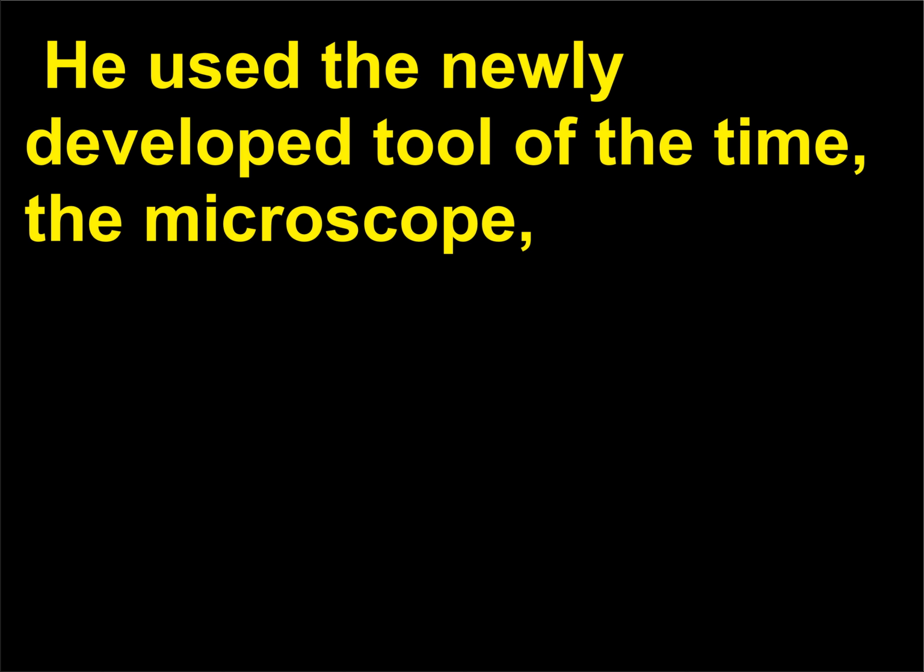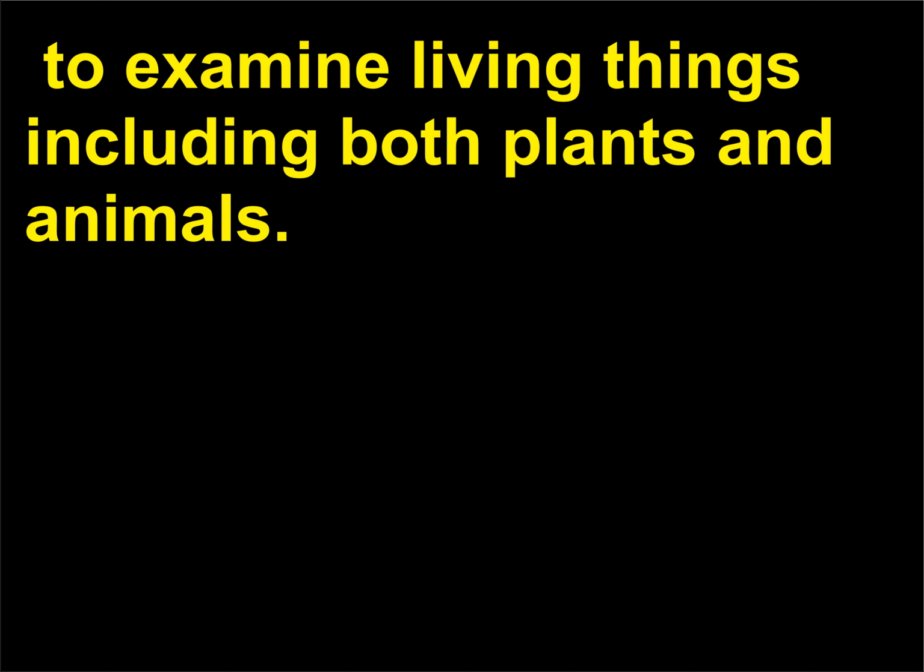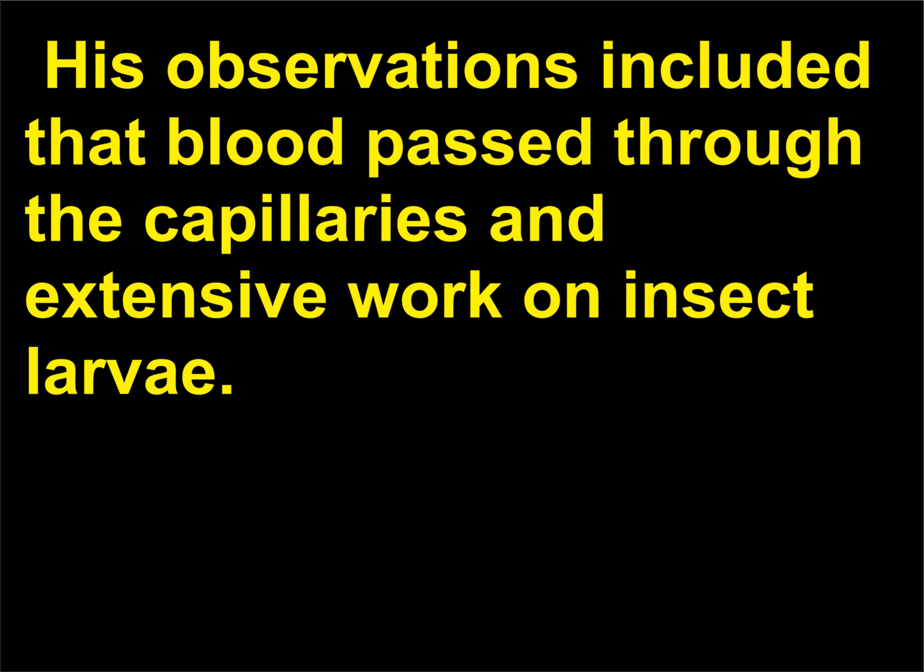He used the newly developed tool of the time, the microscope, to examine living things including both plants and animals. His observations included that blood passed through the capillaries and extensive work on insect larvae.